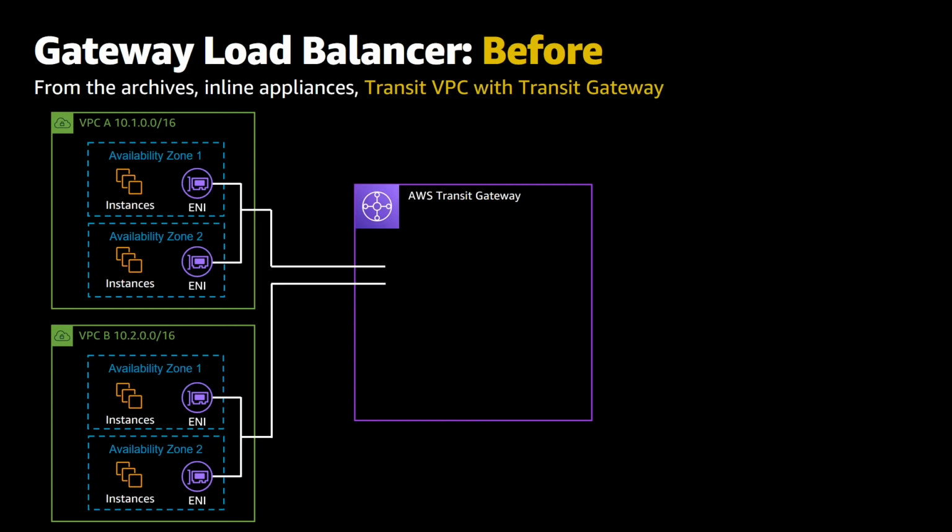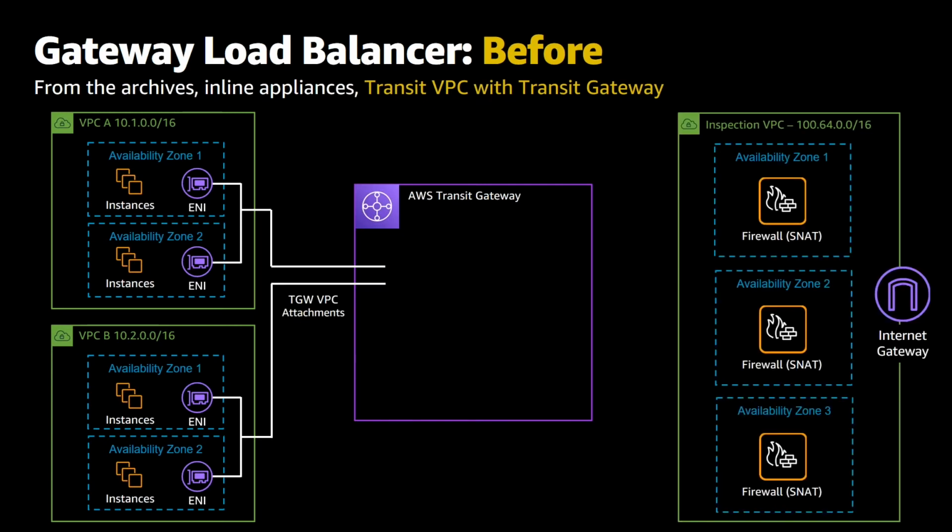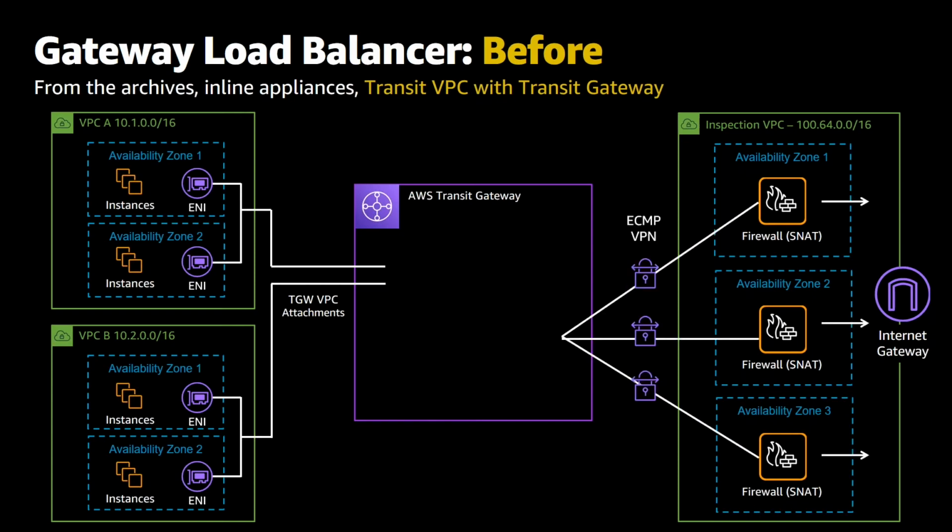So on the other side, I have my inspection VPC, for example, where I have a couple of instances, I'm sorry, firewalls. In this case, I have 3 firewalls there, doing SNAT, source NAT. So I have equal cost multipath configured here, so I take advantage of the bandwidth, right?